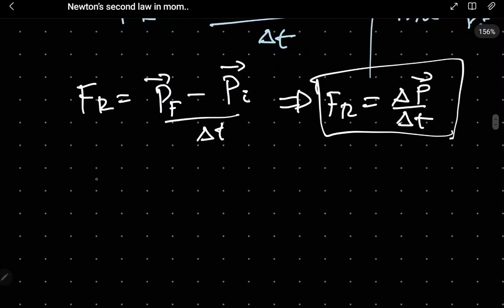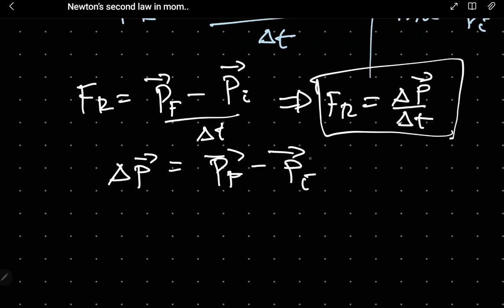Now, this change in P, which is P final minus P initial, gives you another quantity called impulse. It is usually represented by J, so the symbol for impulse is J. Impulse is nothing but the change in linear momentum.